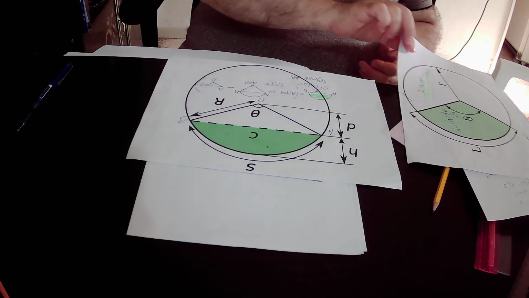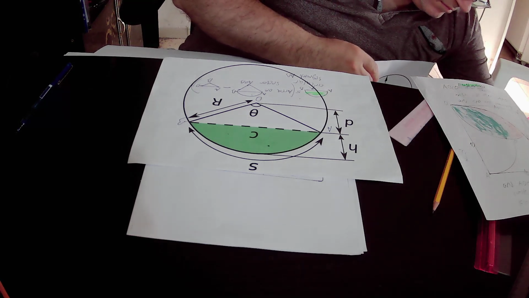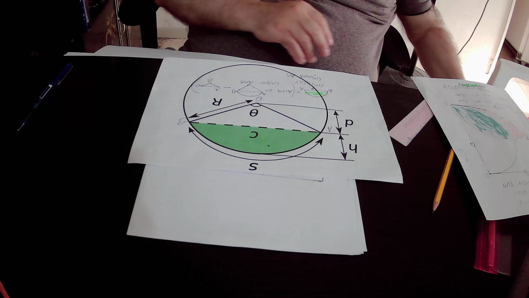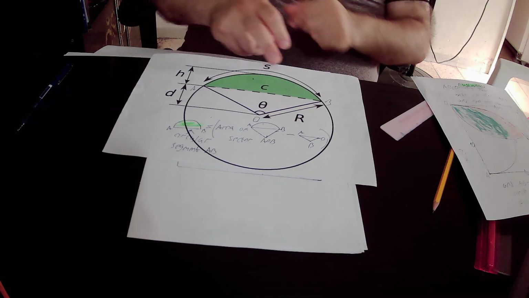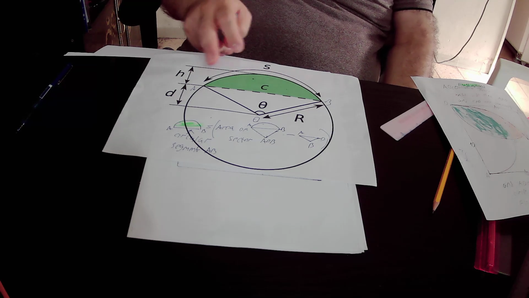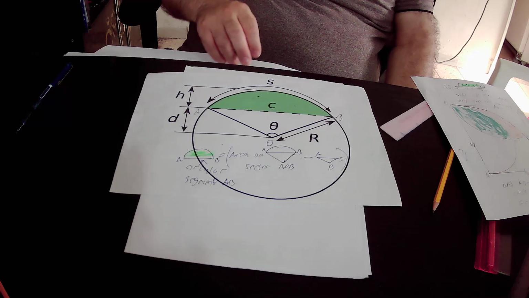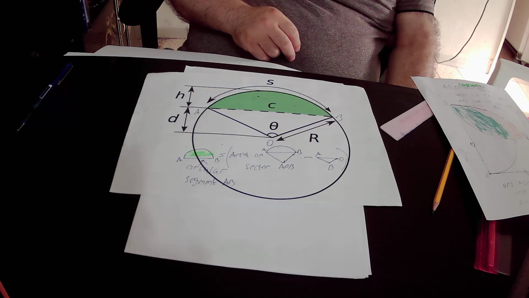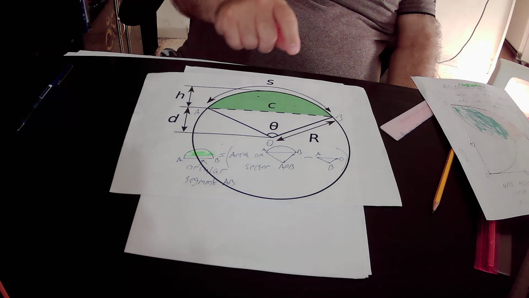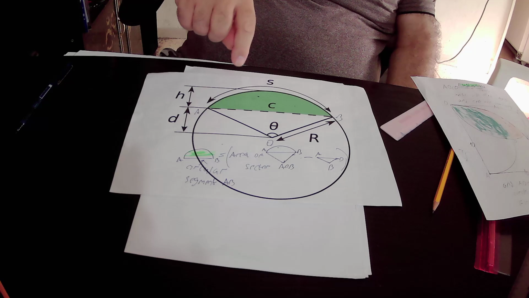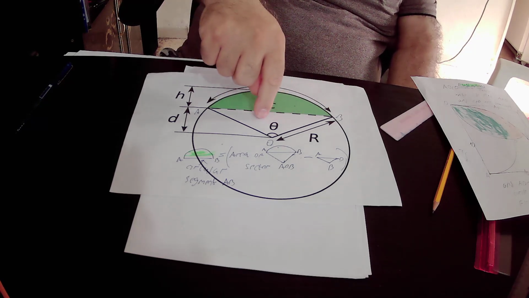The second concept that I want to clarify is the area of this circular segment, the green circular segment AB. Okay? The area of this circular segment AB equals the area of sector AOB minus the area of triangle AOB.